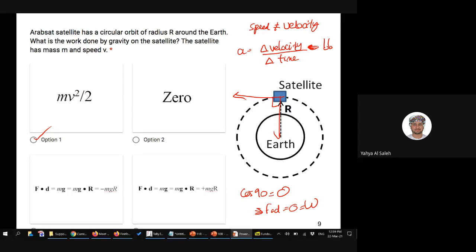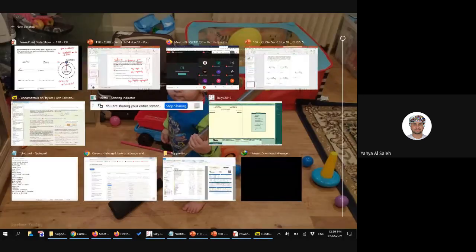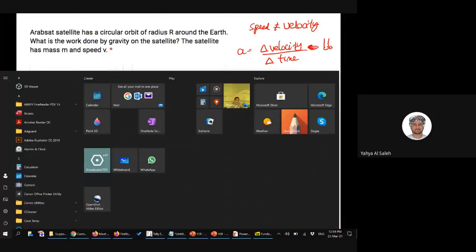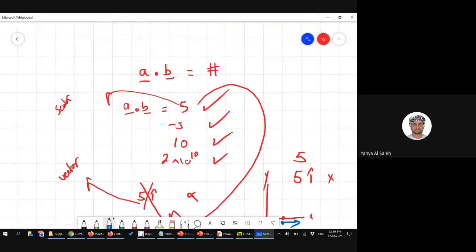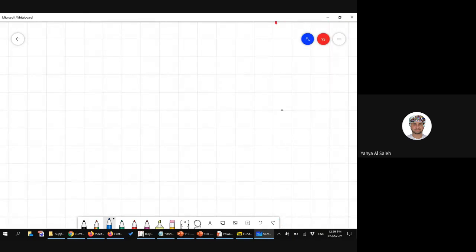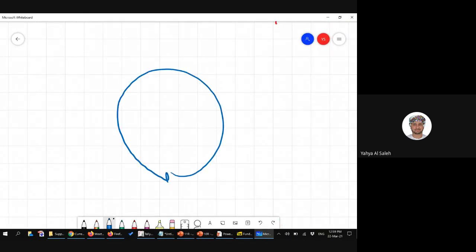So what happens is, where's my whiteboard? This thing is going in a circle, right? It's going at a velocity, so it has energy here, half mv squared.